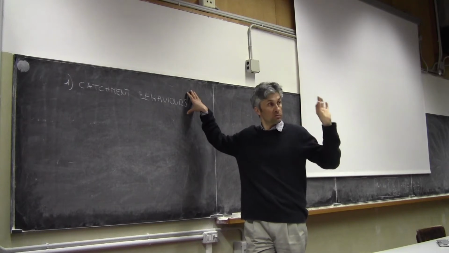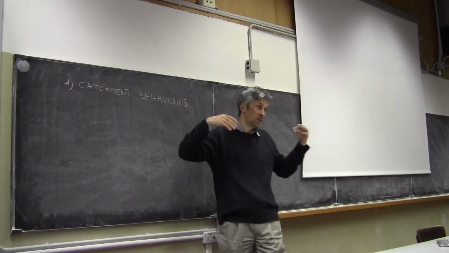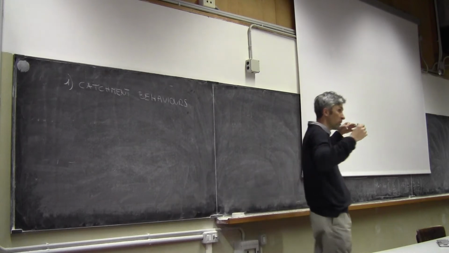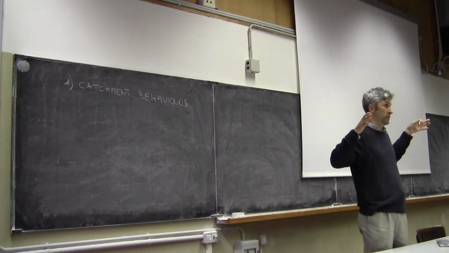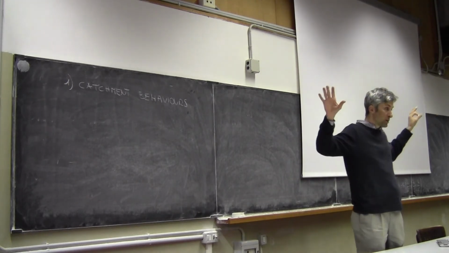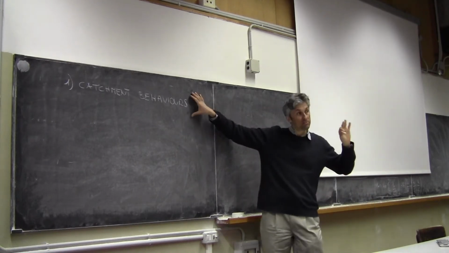This is a general view, because some people, when they say input data to rainfall runoff modeling, they just mean meteorological data. In a general and broader view, you can include also catchment behaviors.